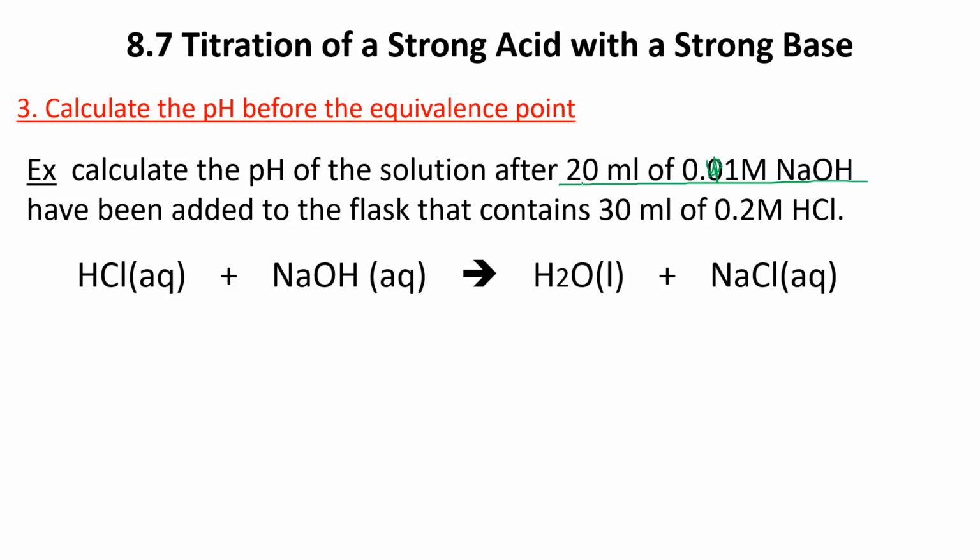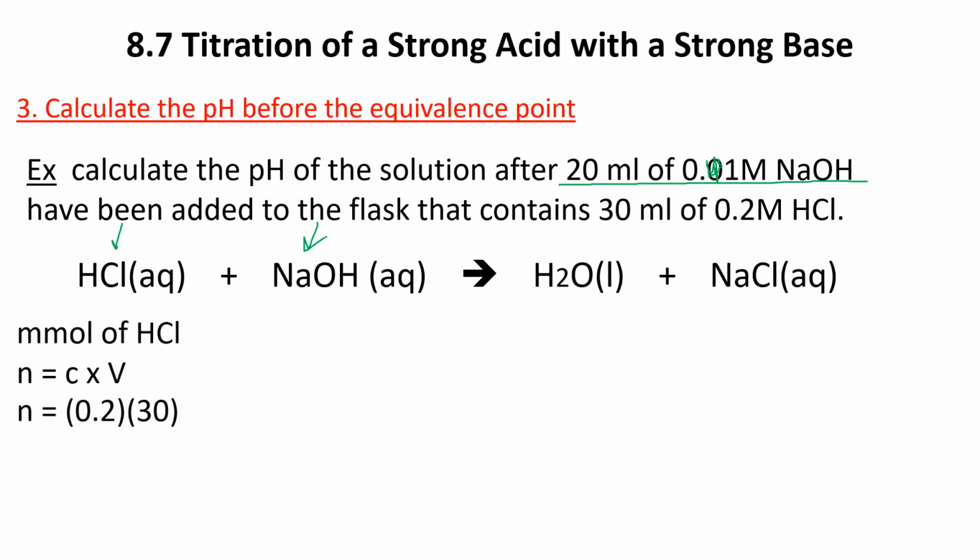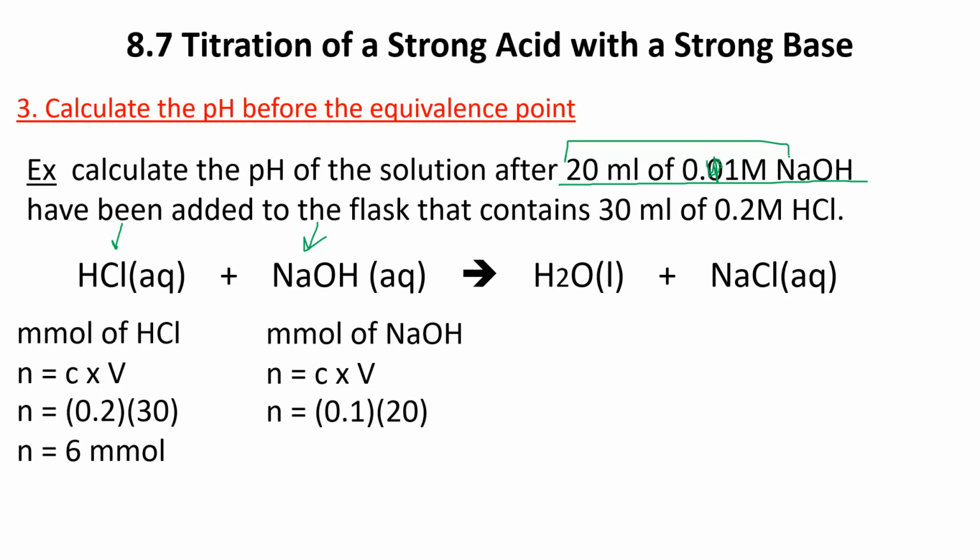So once again, we've got our balanced equation here, and what I like to do is figure out how many millimoles of each substance, the acid and the base, we've actually got in this question. We already did this one for the HCl earlier. I can remind you that we have 6 millimoles of the HCl. Now, in this 20 mils of 0.1 molar, we've got exactly 2 millimoles of this base.